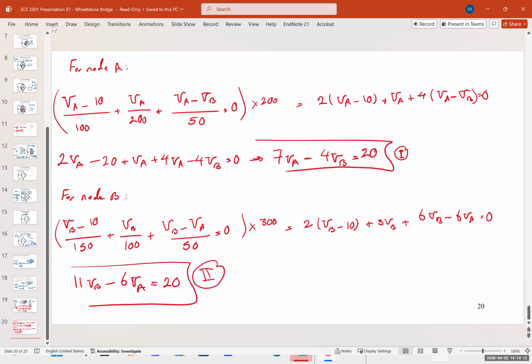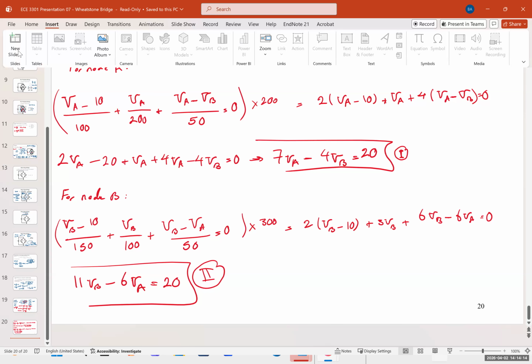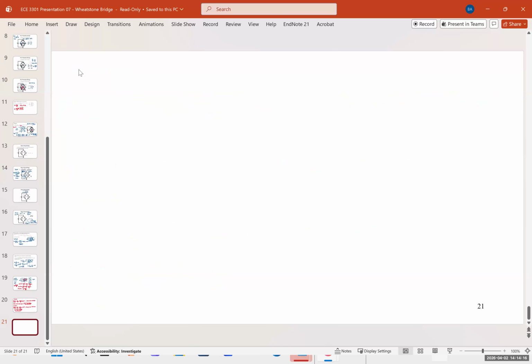Now to solve the problem, 2 equations and 2 unknowns, 7 VA minus 4 VB gave us 20. Negative 6 VA plus 11 VB gave us 20.